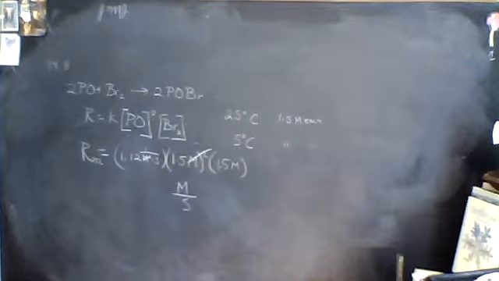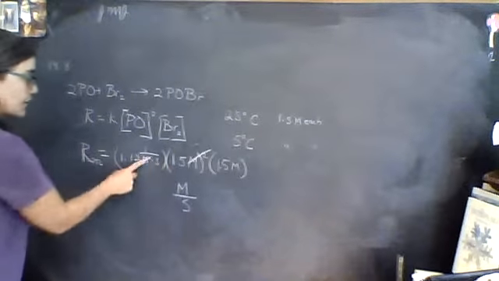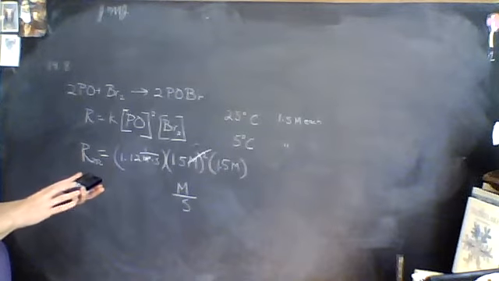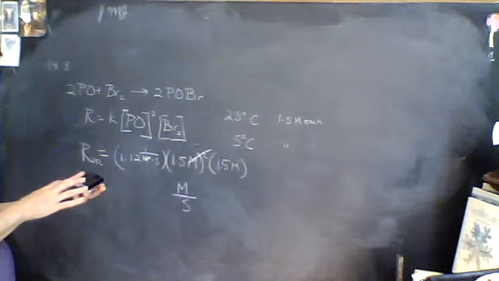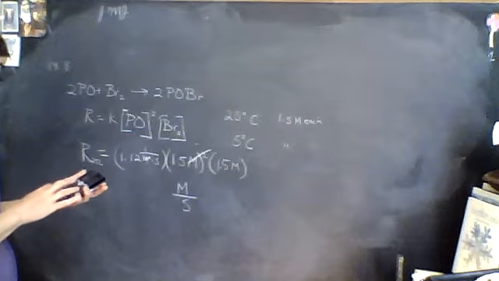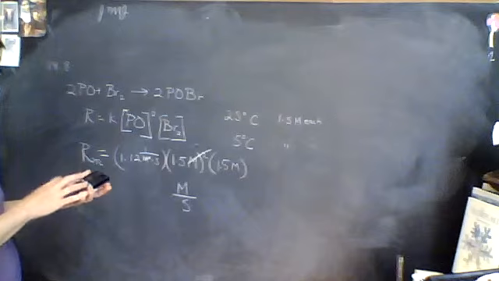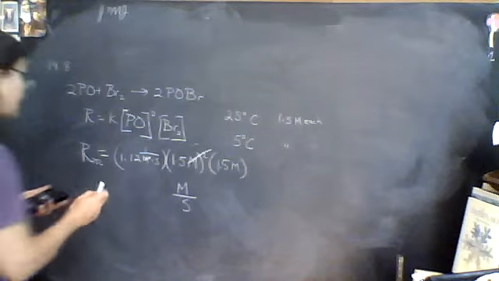And I'm going to take these squares, cancel each other. Let's do that. So 1.12 times open parentheses 1.5 squared times 1.5 equals 3.78.